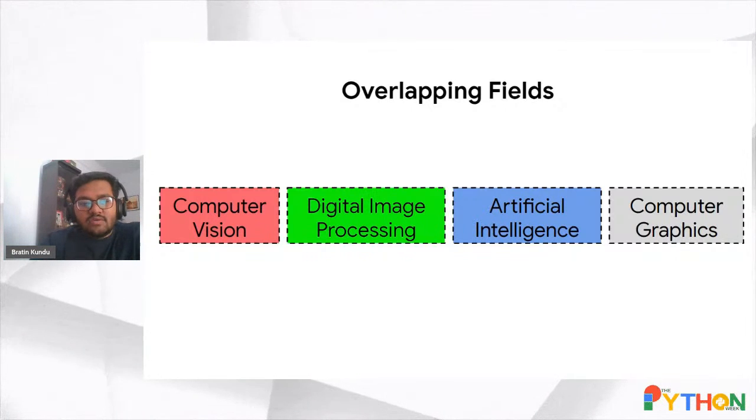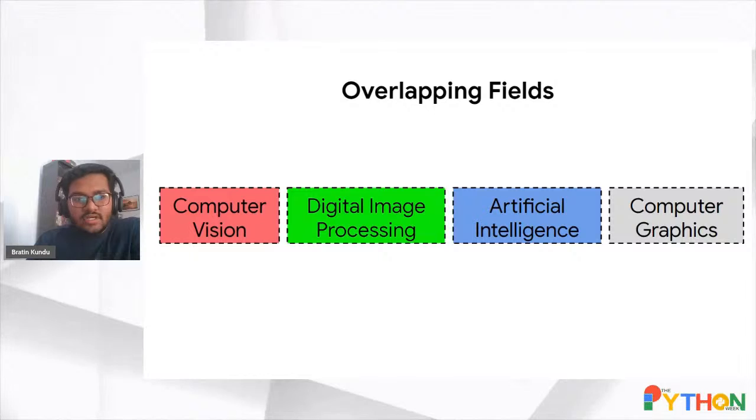So one of the things we encounter with image processing is computer vision, which basically deals with images. Next is digital image processing, where you have an input of an image, and an image is also the output. I'll be explaining it deeply, don't worry.